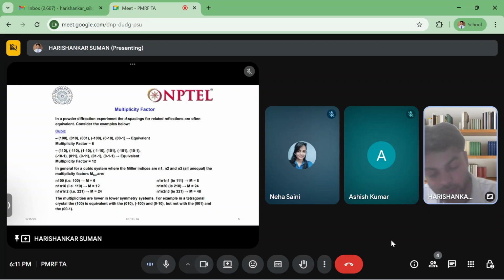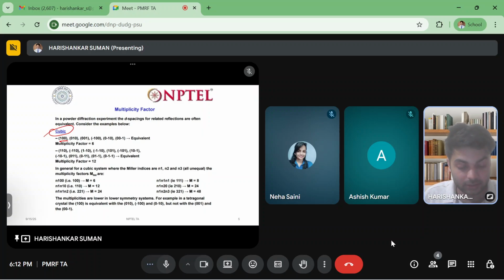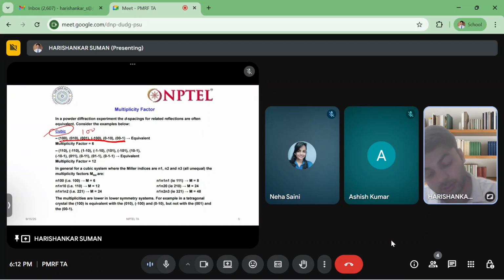We can say for a cubic system the plane is, let's say, 100. So we can write 100, 001, minus also this. So the multiplicity of these three are similar. So we can say the multiplicity of these is 6 for 100. Also we can see the other multiplicity is 12.